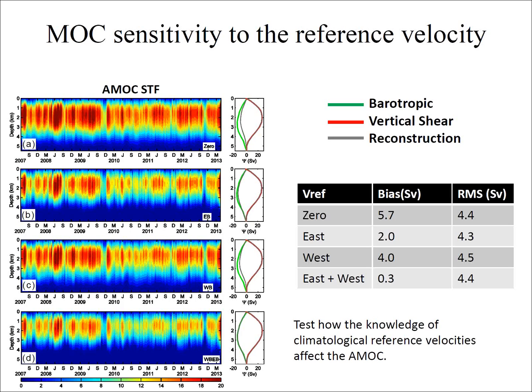The bias is just 0.3 Sverdrups. But I'm talking about the mean here, and the RMS is still high, 4.4 Sverdrups. So the climatology can improve your mean estimates, but not so much the variability. The variability is based on what we had before with the 0 reference velocity.